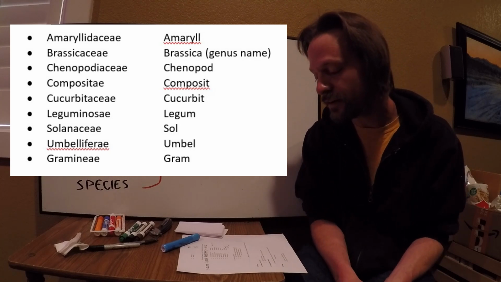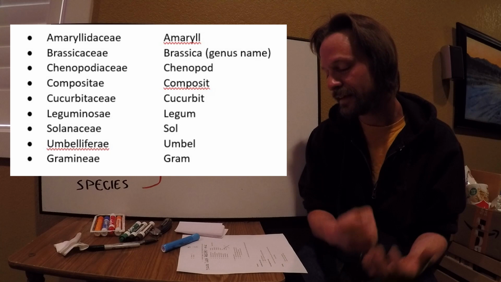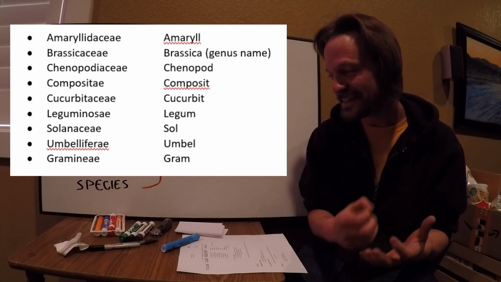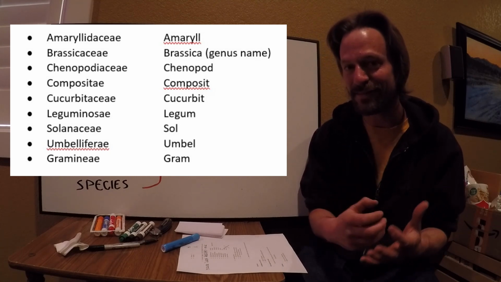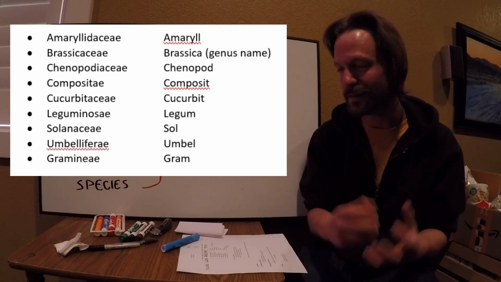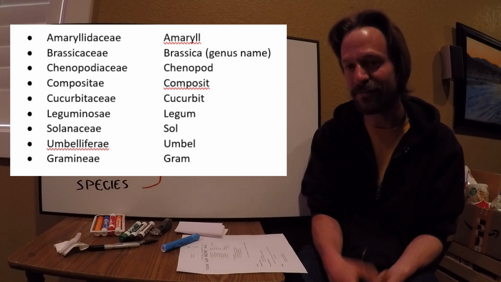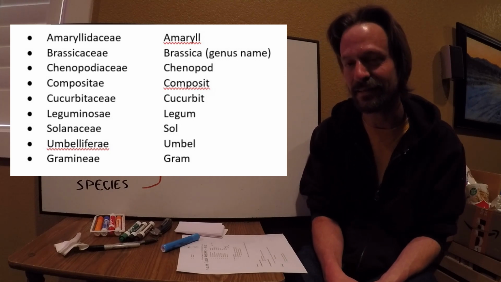Now I do have a note next to Brassica. That actually is a genus name, so don't get too confused when you start shortening it a little bit, but it still works enough and people will understand what you're saying.